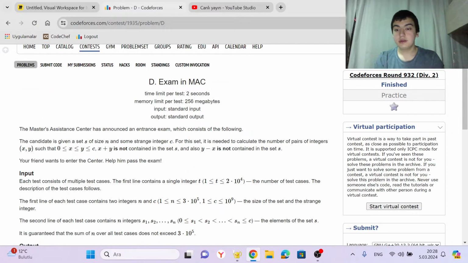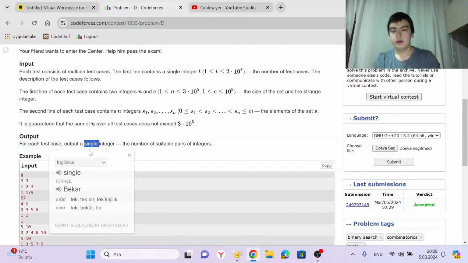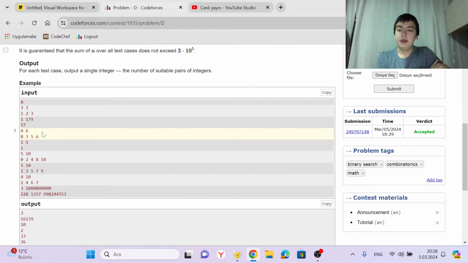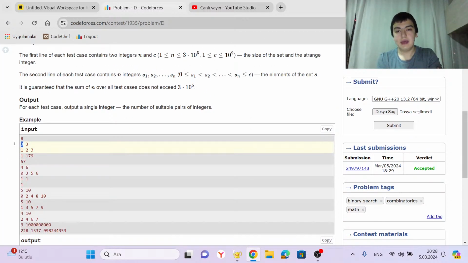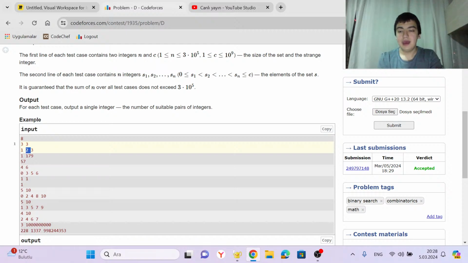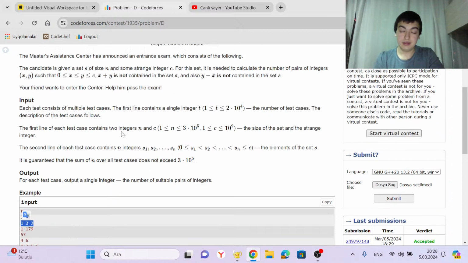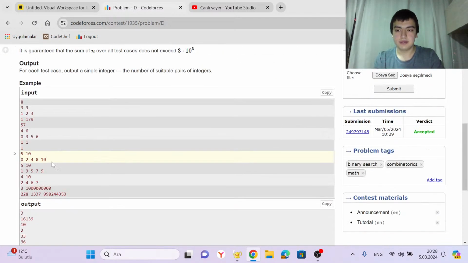Now let's continue with the solution of this problem. It gives n and c values and n elements. This is the array, this is the set that they have given to us.